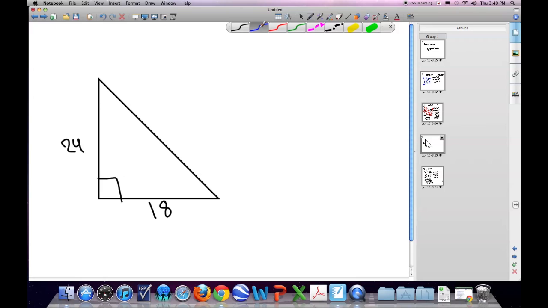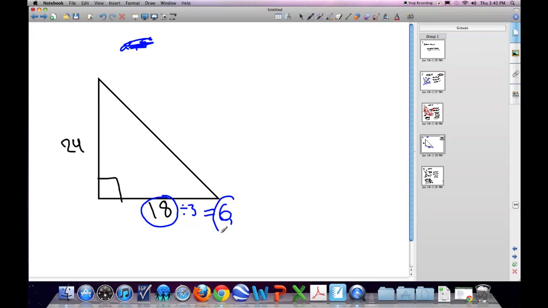So now, instead of writing our equation, a squared plus b squared equals whatever, I'm going to show you a neat little trick. You're going to take 18 and you're going to divide it by 3. You divide by 3 because there are 3 sides. And that's going to be 6. And you're like, well, you already said that on the last page.